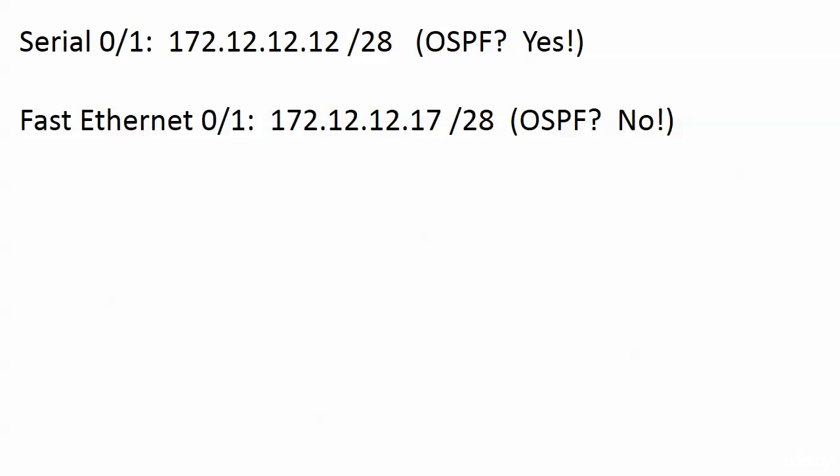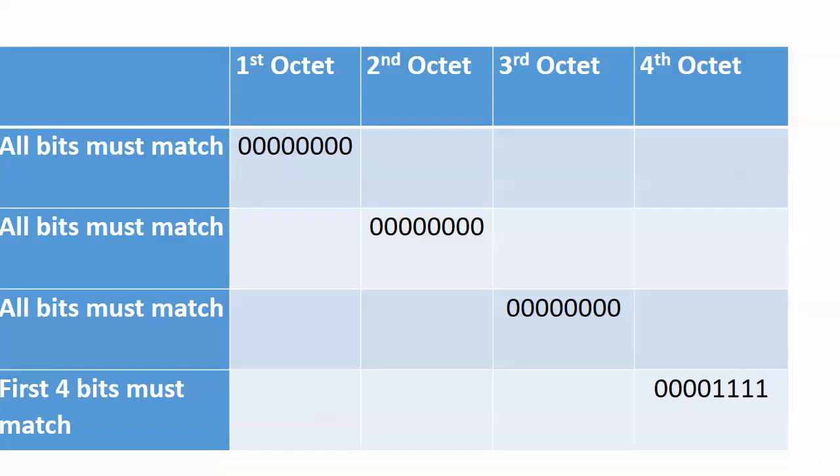So what wildcard masks allow us to do is really tie down which interfaces on a router will be running a routing protocol and which ones will not be. So here, notice we've got a subnet mask of /28. And if we write that one out as a wildcard mask, we invert it. We change the ones to zeros and the zeros to ones. That means that we have all zeros for the first 24 bits, so that's nice and even.